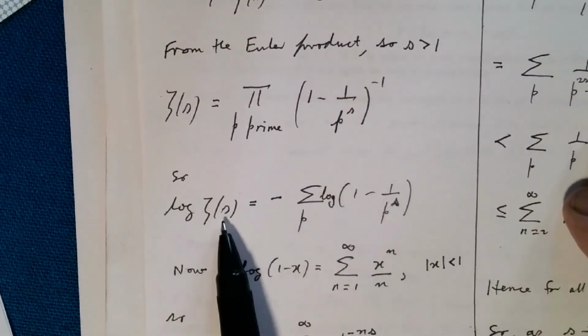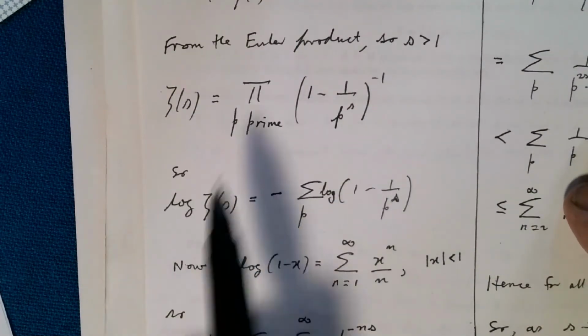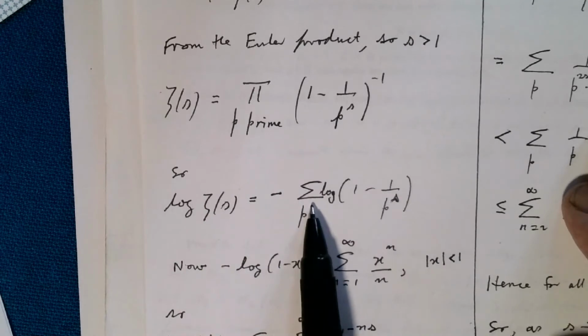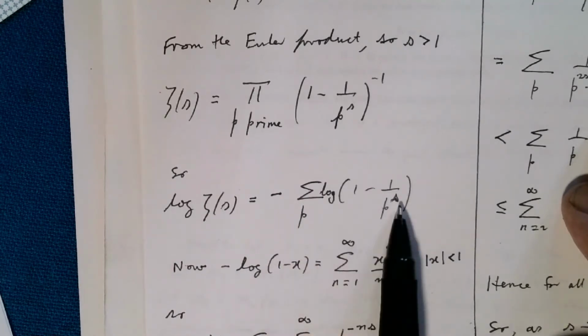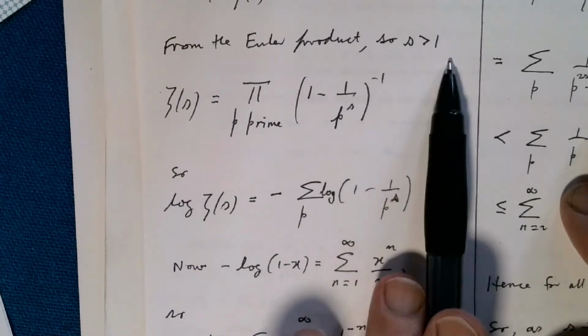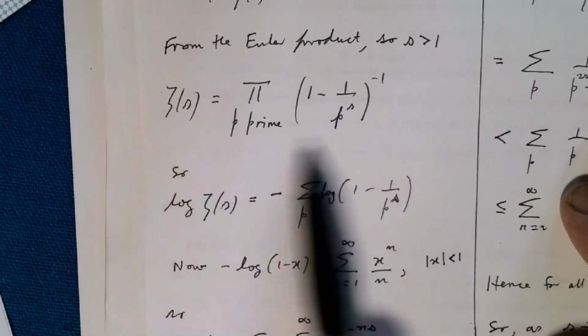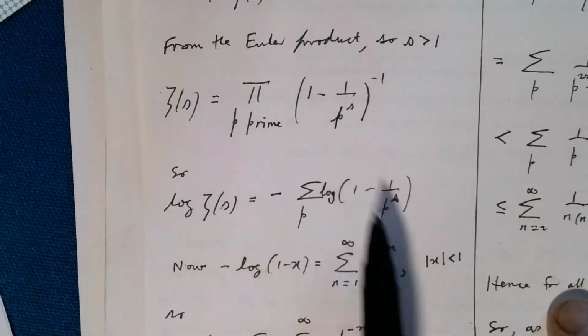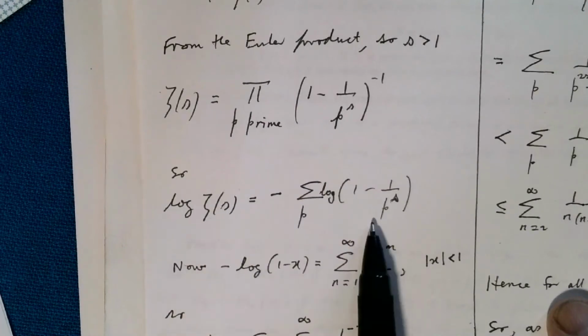So I get the log of zeta of s, and I can pull the power down the front, and then the log turns the product into a sum of the logarithms. Now there's no problem with convergence here, because if s is bigger than 1, then both of these are finite, and so I can take the log of both sides and I can expand it out, and so this is all perfectly valid.